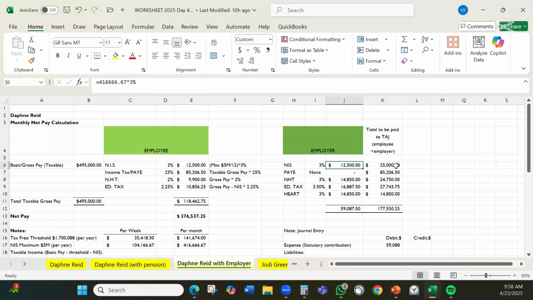You're going to pay over to the government 25,000 for NIS, the piece that you withheld plus the piece that you are required to pay over. You're going to pay over $85,000 as income tax, $24,000 as NHT, 27,000 as ed tax, and 14,000 as HART contribution.